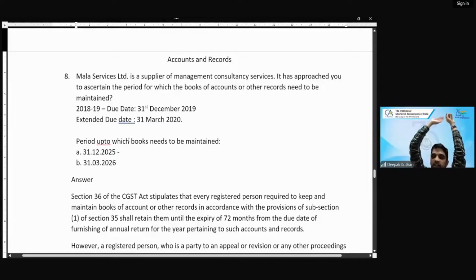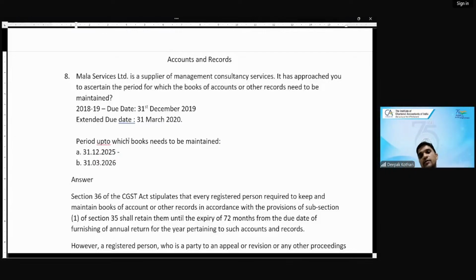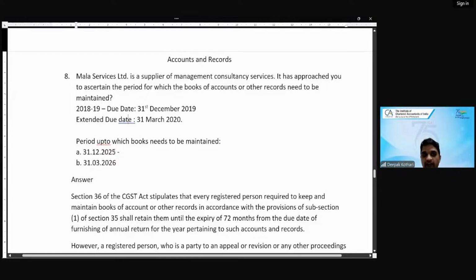So since the date is extended, the limit to maintenance of books of accounts also will get extended because they say 72 months from the due date of furnishing annual returns. Earlier due date was 31st December. Now it got extended to 31st March. So it will be 72 months, which is 6 years from 31st March 2020. So the answer will be 31st March 2026.